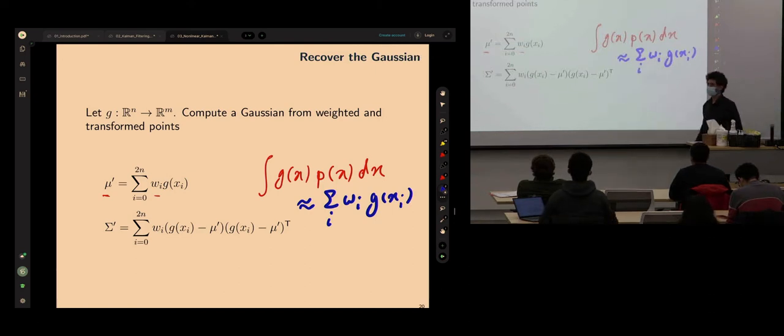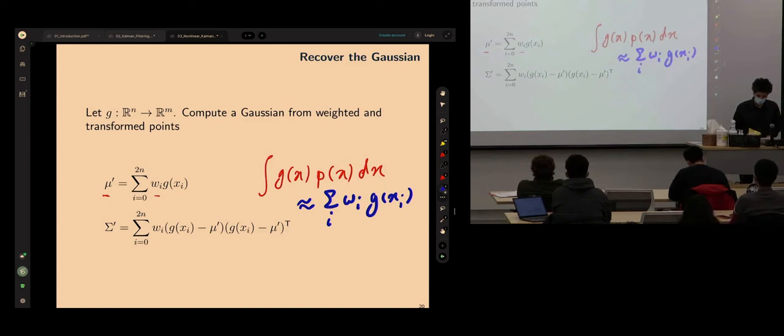This is how numerically you can approximate. Now the question is, what are the weights, right? In different algorithms for numerical integration, you have different ways of finding these weights. So it is a form of integration or calculating expected value.